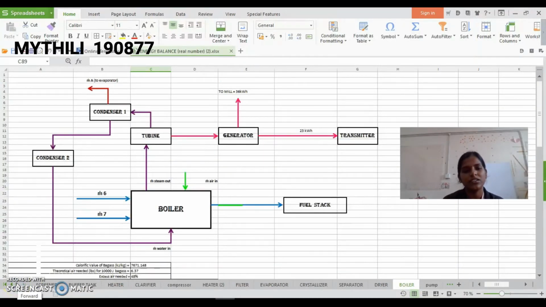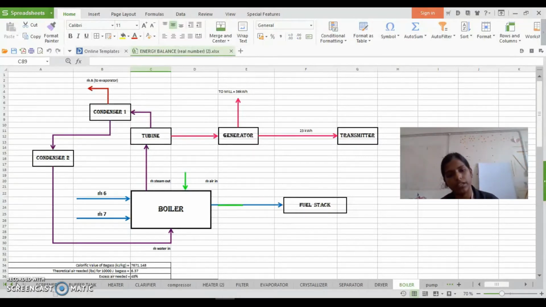Okay, we shall carry on with boiler. Boiler is the process where it is cogeneration of the electricity. So the bagasse that we got from screener as well as the crusher is sent into a boiler, and this boiler is a fired tube boiler.